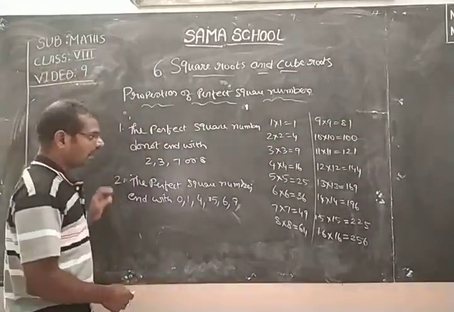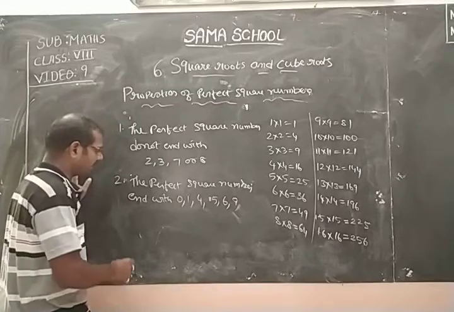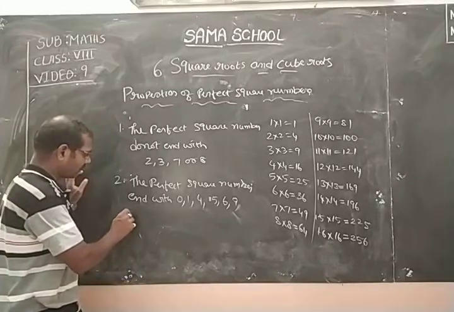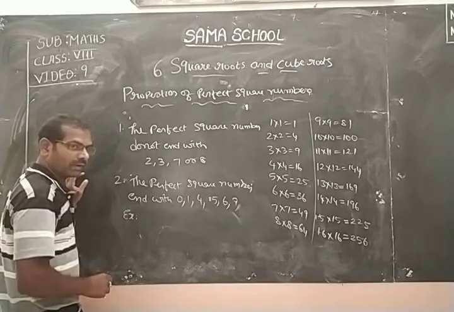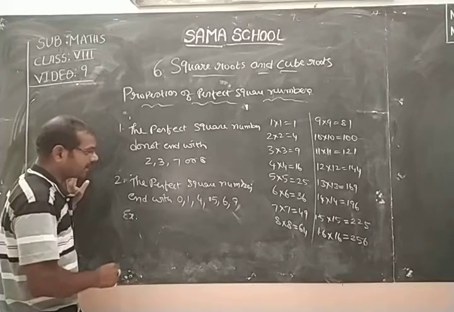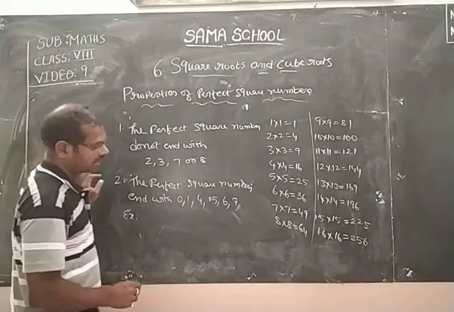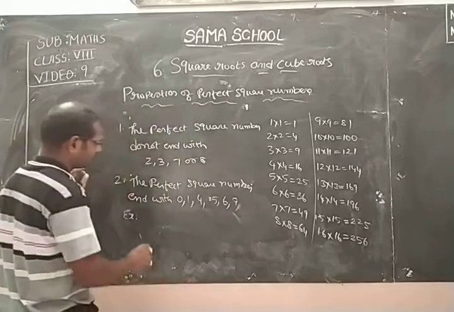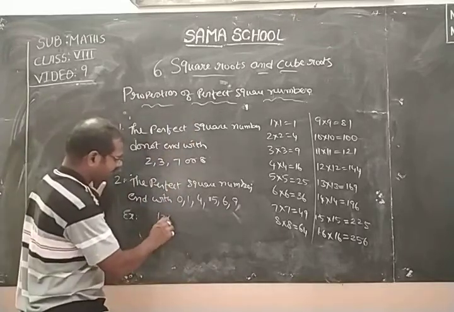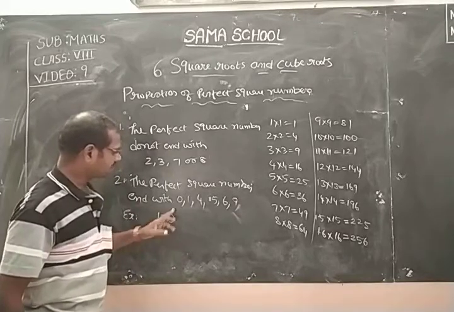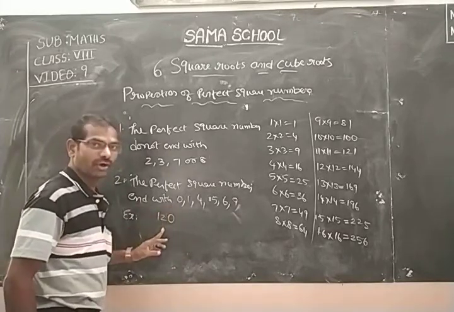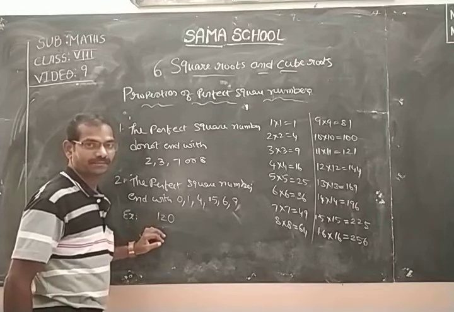Suppose I am taking one example, 120. Here the unit place is 0. Even though it is 0, it is not a perfect square.